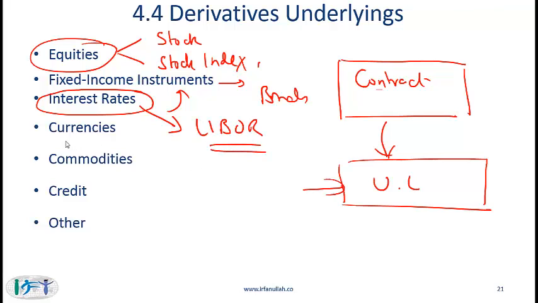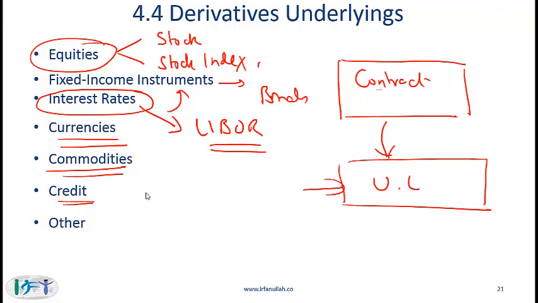Next we come to currencies. Clearly currencies can also be an underlying, and you have forward contracts, futures contracts, and options based on currencies. The contracts can be simple or they can be fairly complex. The underlying could also be commodities such as gold or agricultural products and so on. The underlying could be credit.